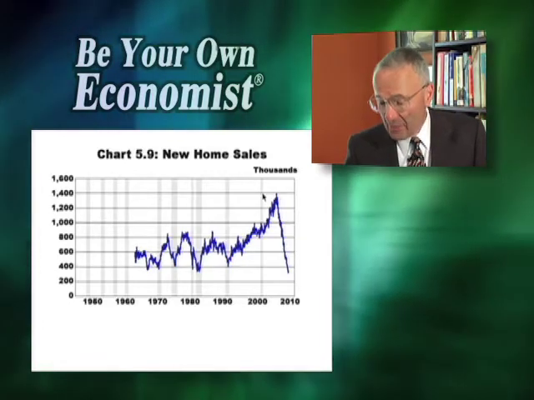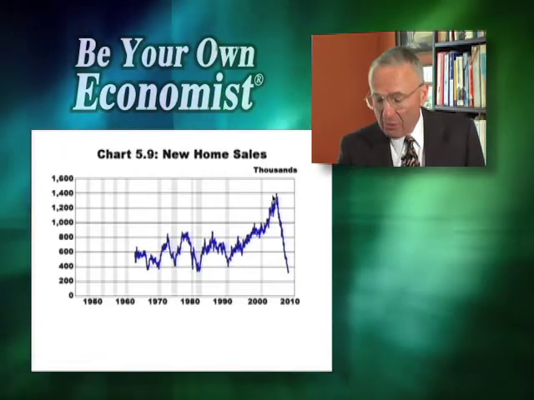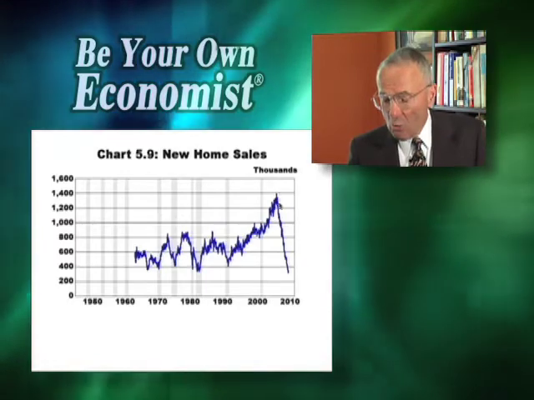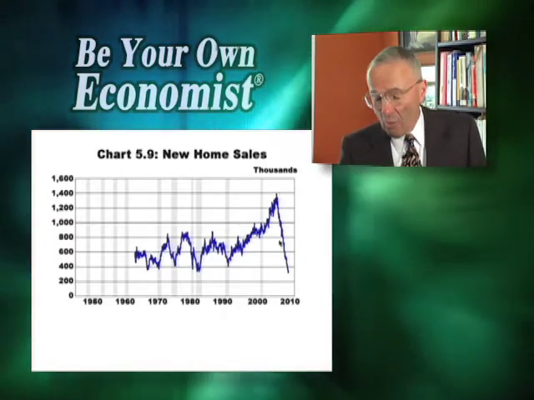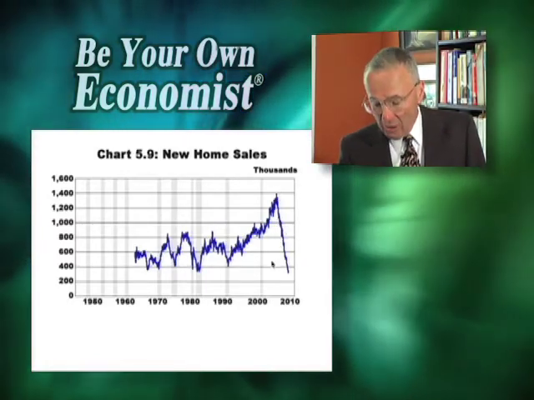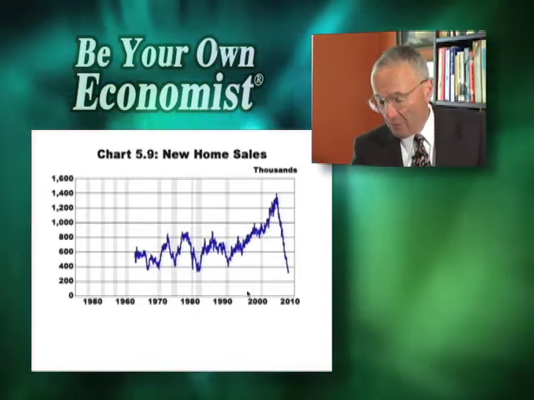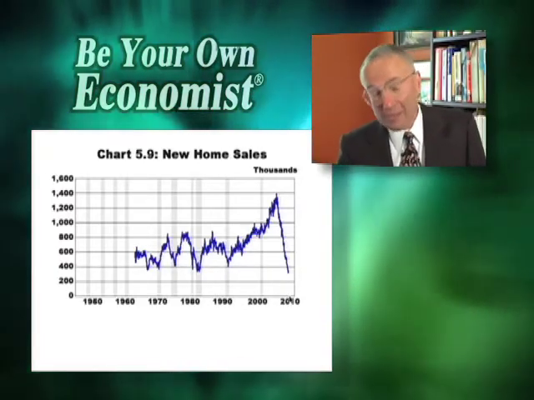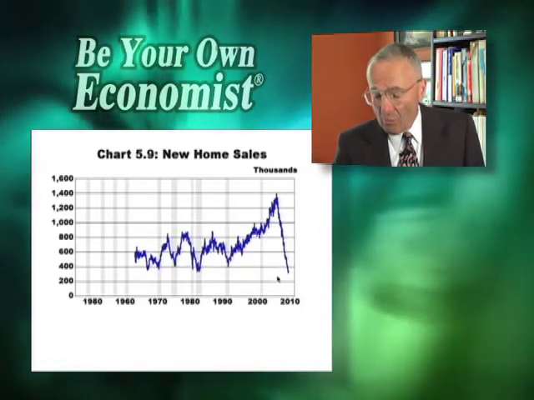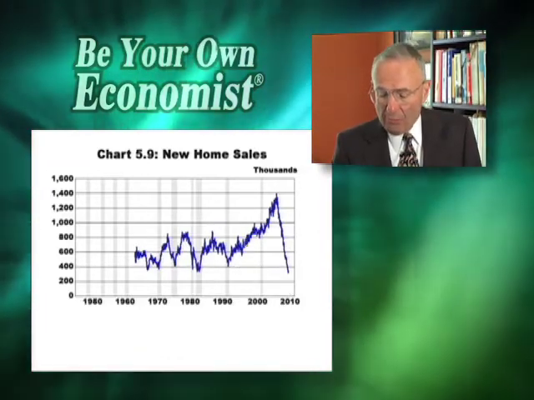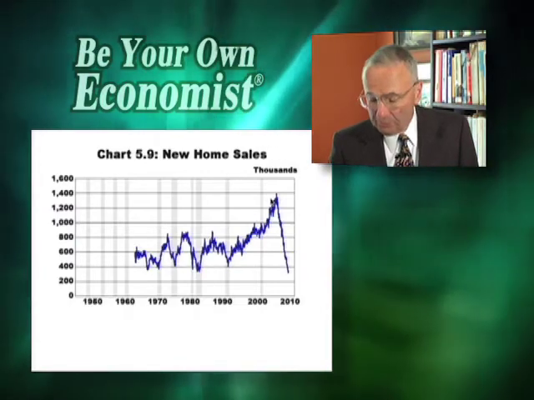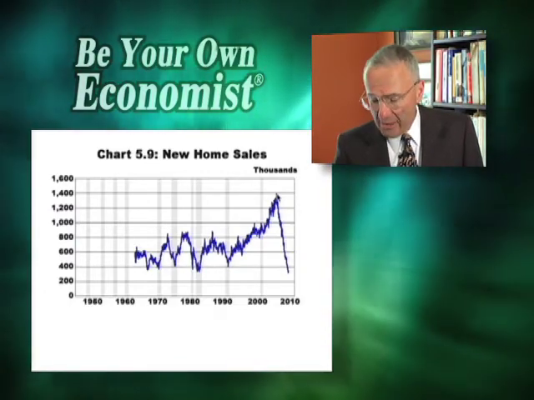And notice that around the year 2006, we were up to about 1.4 million housing starts. This chart covers all the years from 1950 right through the present day. And look at this huge upswing that led us to where we are today.